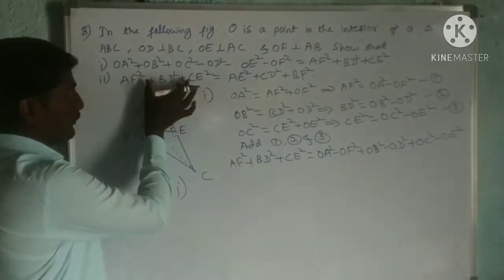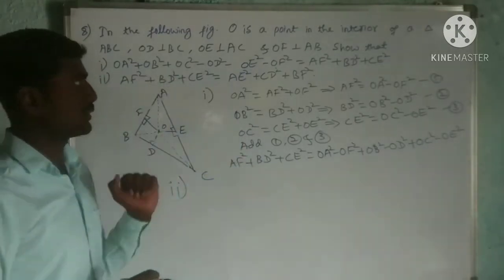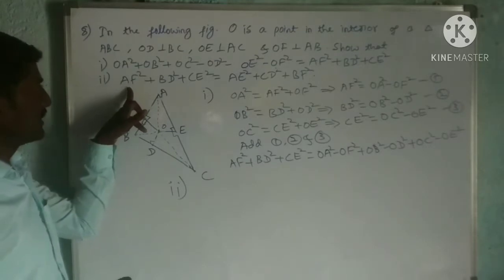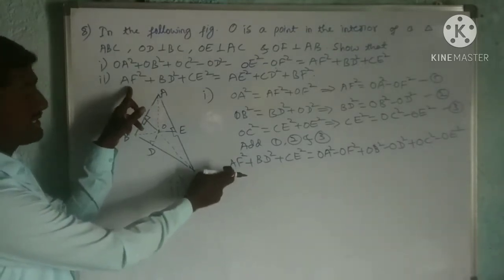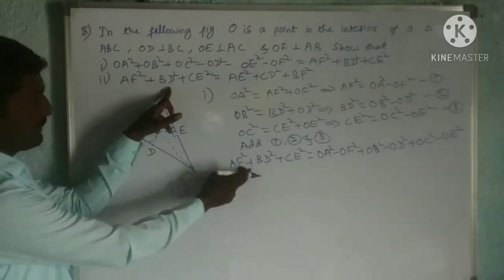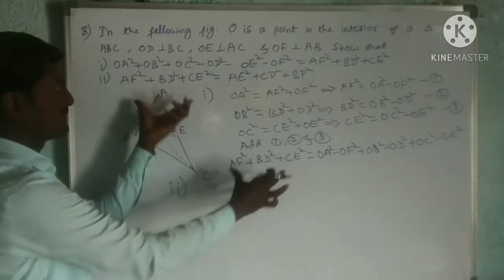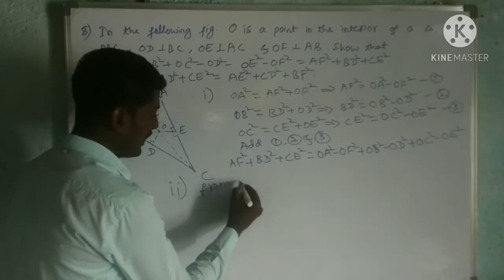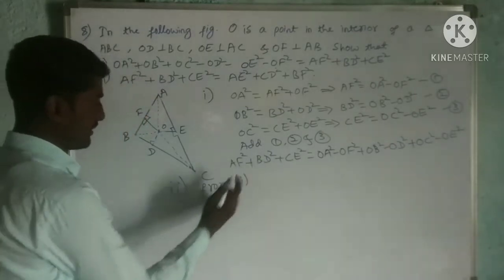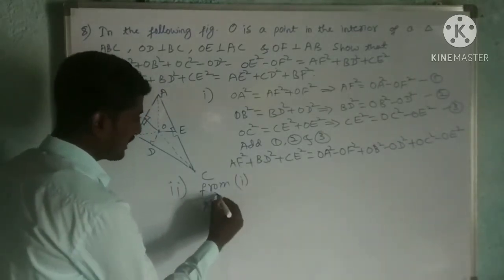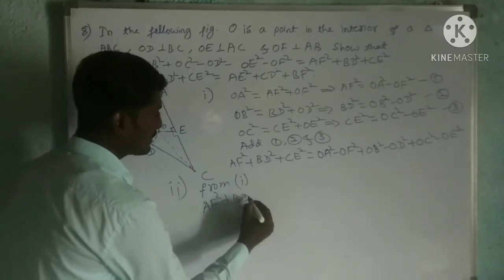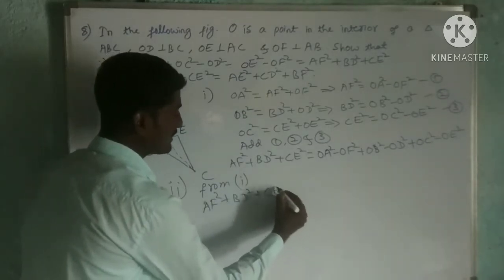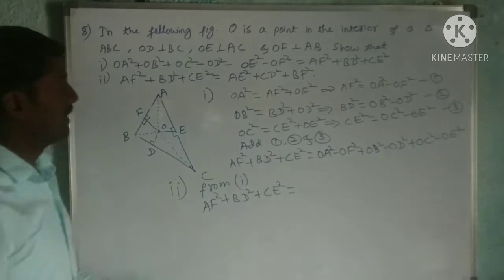To prove the second one, I use the first one only, because here also the LHS of the second question is the same, AF square plus BD square plus CE square, so I can use this here. So from 1, I'll write first AF square plus BD square plus CE square is equal to what I want here.